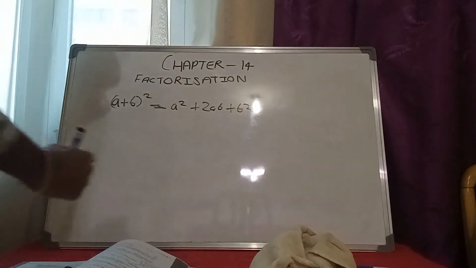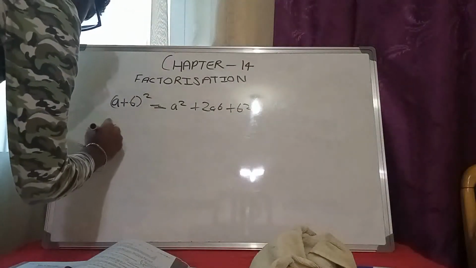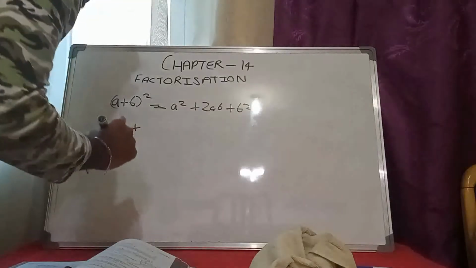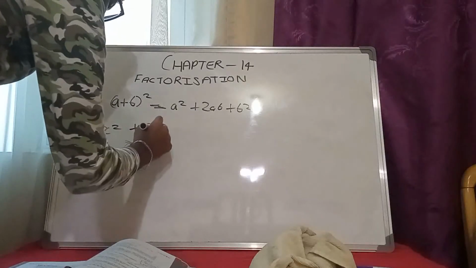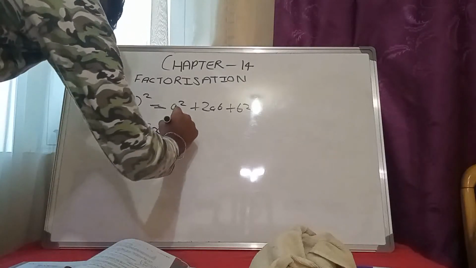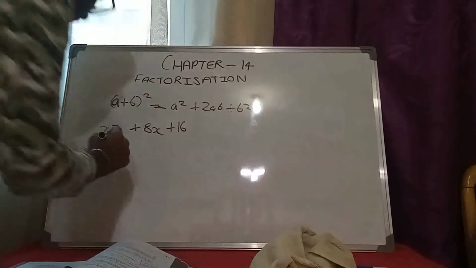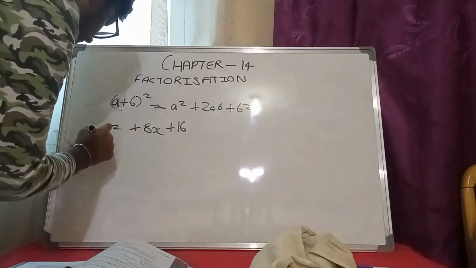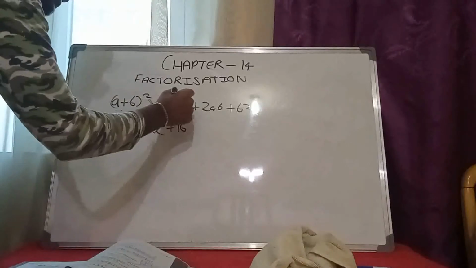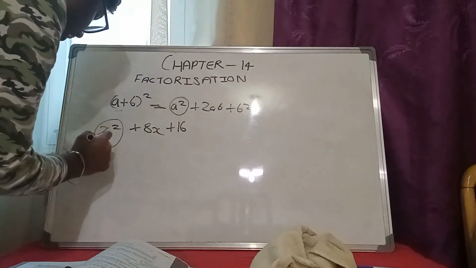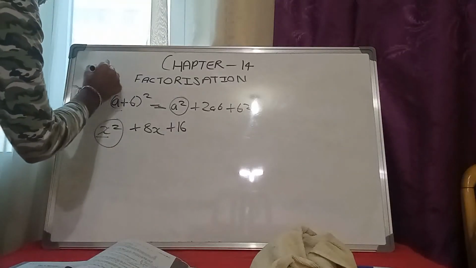So for example, now if we get x square plus 8x plus 16, here we know that the first term is a square, so this is x square. So x will be taken as a. So a equals x.